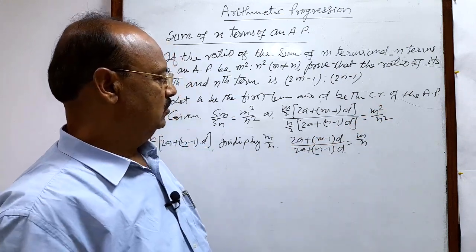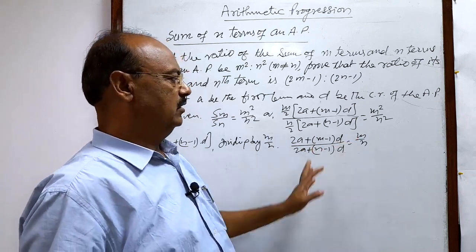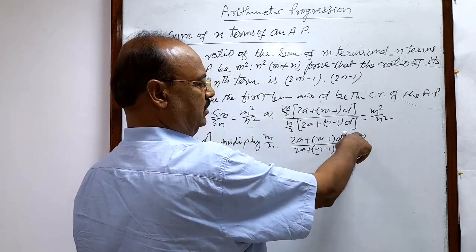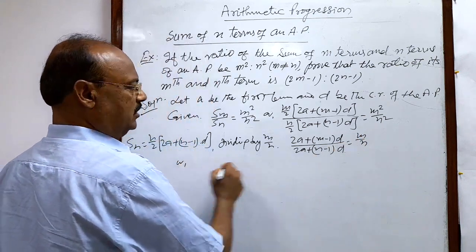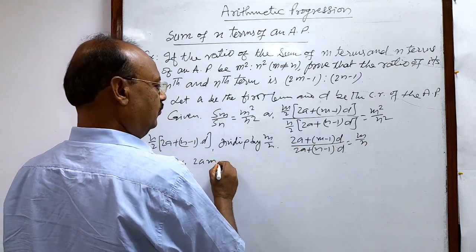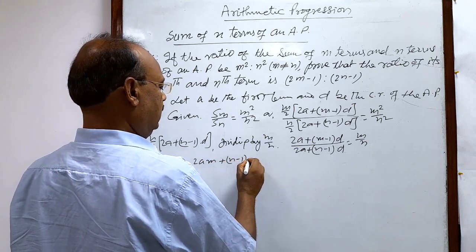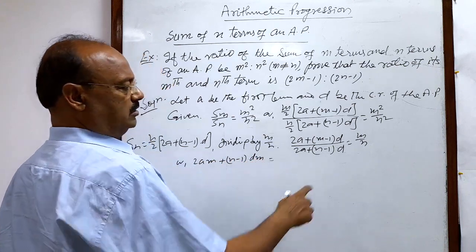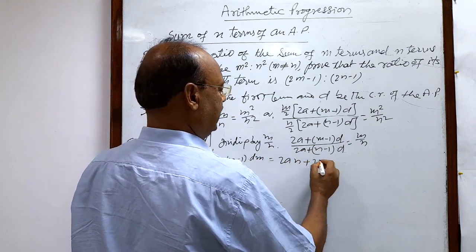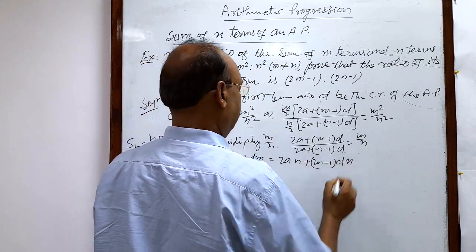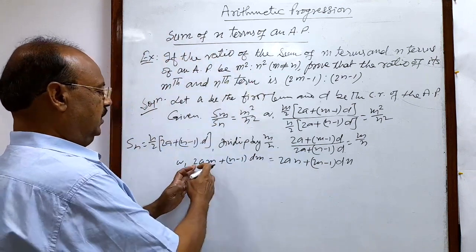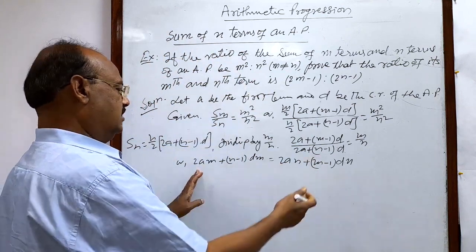Correct. Now further we will simplify it by cross multiplication. So if we multiply this relation by m, we get 2a into m plus (n minus 1) into d into m. Similarly, by cross multiplication, 2a into n plus (m minus 1) into d into n. Correct. Now we will keep a on one side and d on the other side.